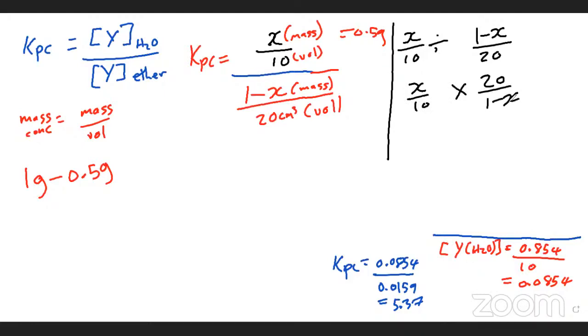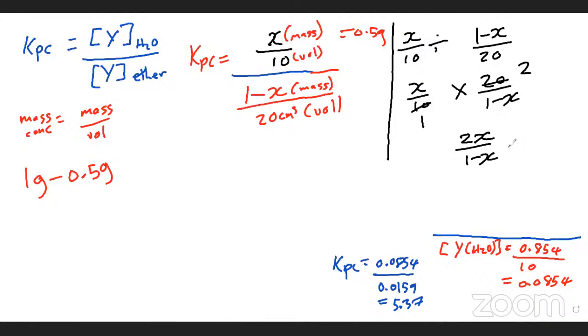Everybody clear at this point? Yes, sir. All right. So you can do two things at this point. 10 can go into 10 one time. 10 can go into 20 two times. So that would give you 2x divided by 1 minus x.